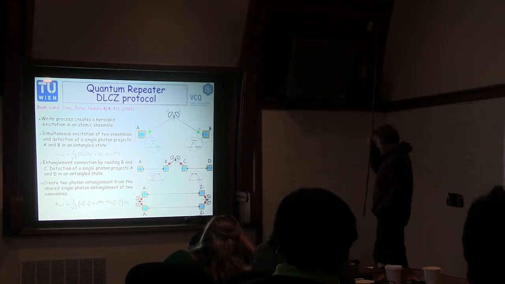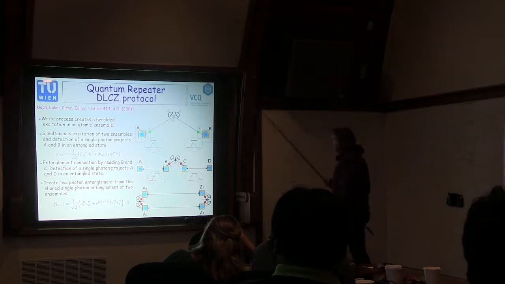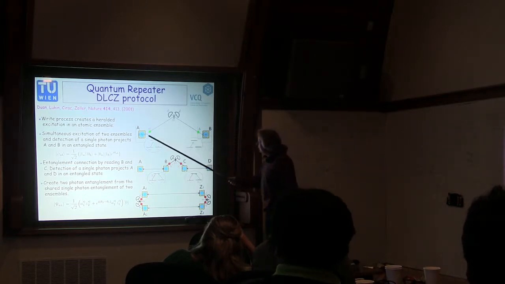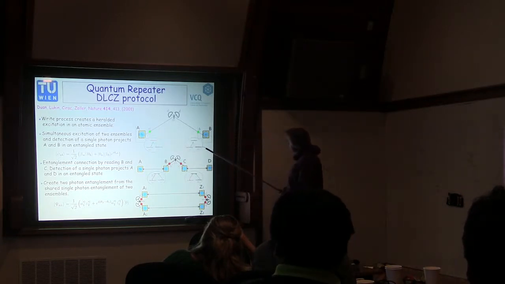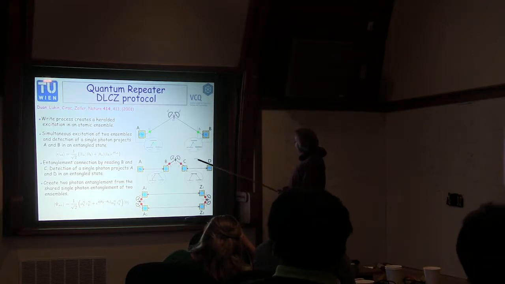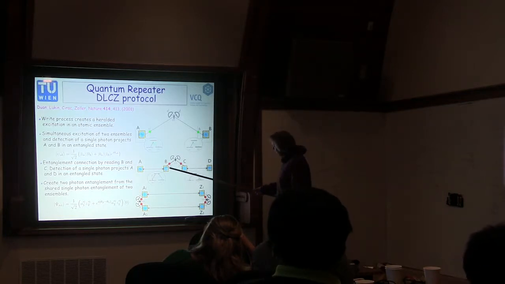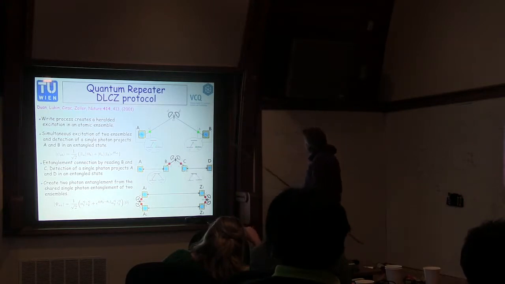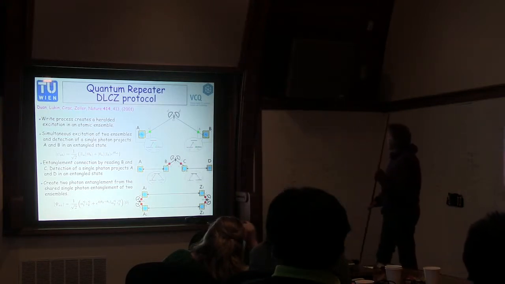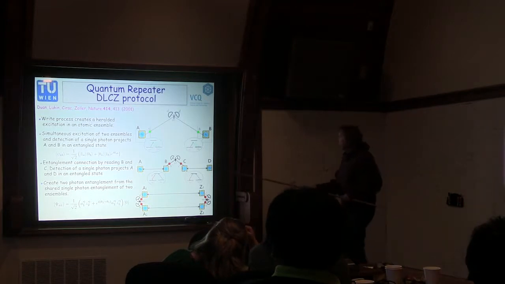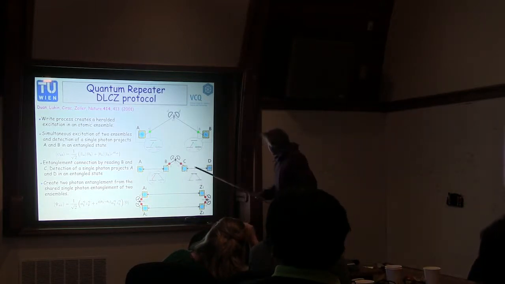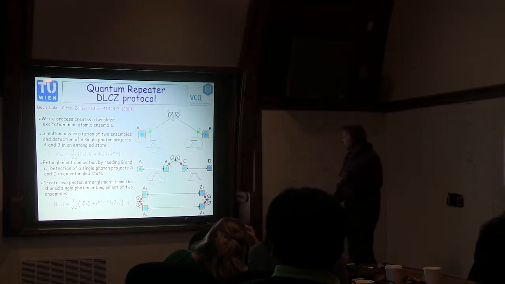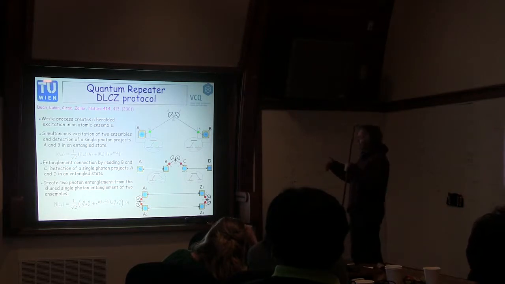Now, you have established, so to speak, an entanglement between two atomic spin states here, and then you can read out the system by sending photons and making entanglement swapping, and thereby really entangling A and D. Then you have entanglement between state A and state D, and in principle you can have many of those, you can purify them, and you can create two-photon entangled states.